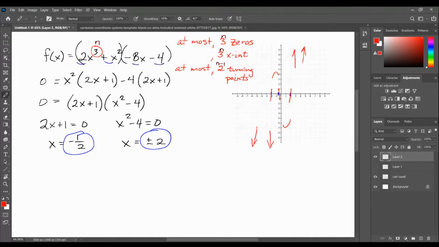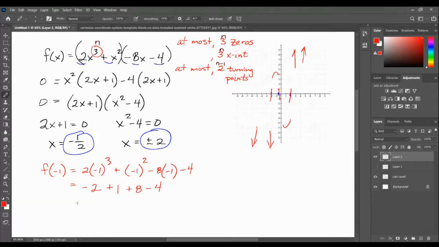Let's plug in -1, find f of -1, and see just how high up the graph goes at -1. So 2 times -1 cubed plus -1 squared minus 8 times -1 minus 4. -1 cubed is -1 times 2 is -2. -1 squared is a positive 1. -8 times -1 is a positive 8.